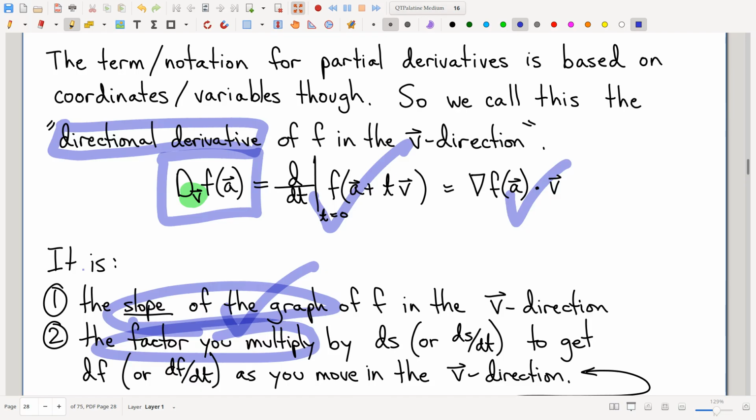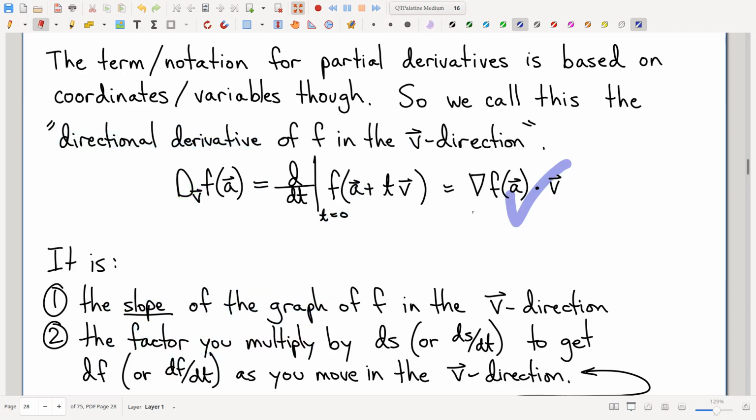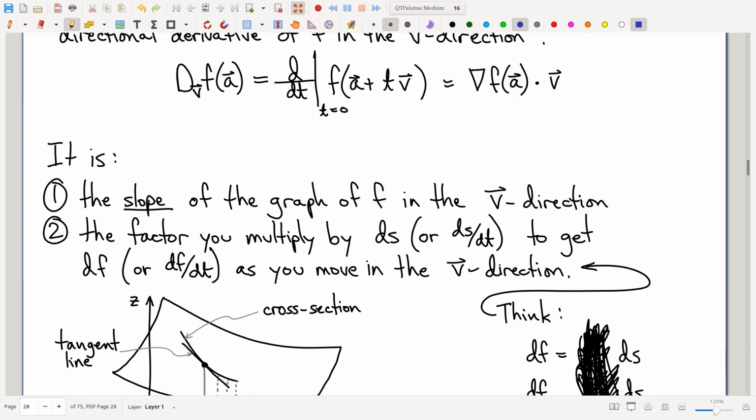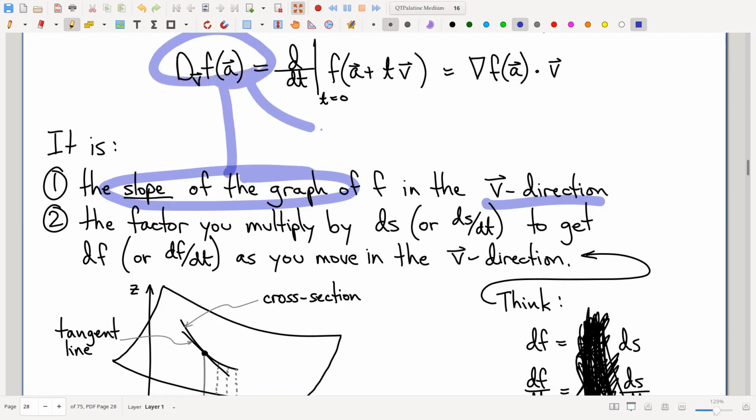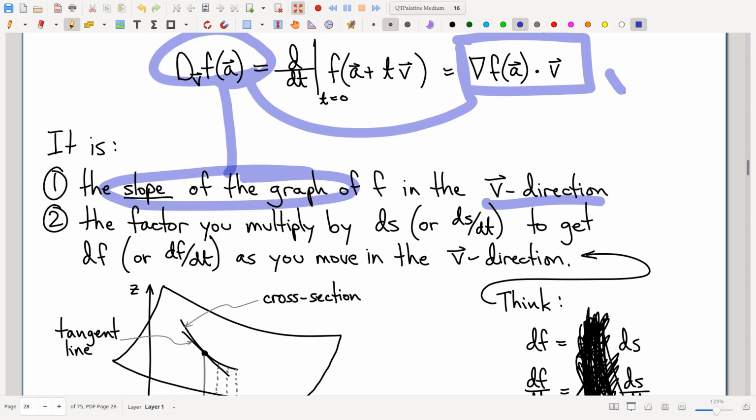Okay, all right. So that's the big idea: directional derivative. Any unit vector works, and it's pretty neat to be able to say, for example, that if you ask me, what's the slope of the graph in some direction, I can argue as follows. I can say, well, it's a directional derivative, and I've got a handy-dandy formula for how to compute directional derivatives.